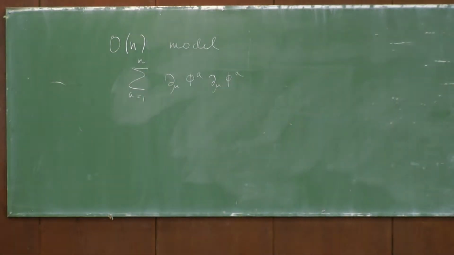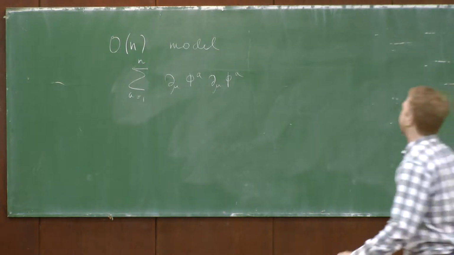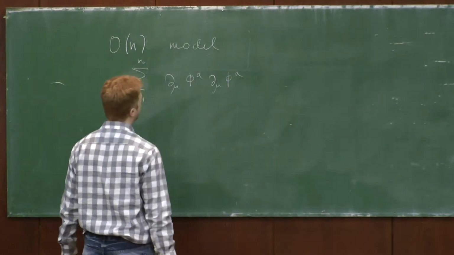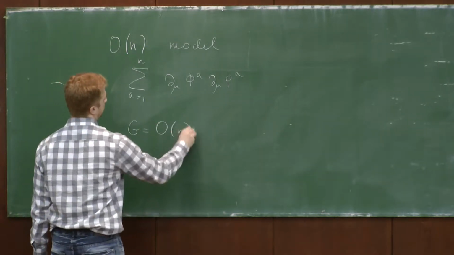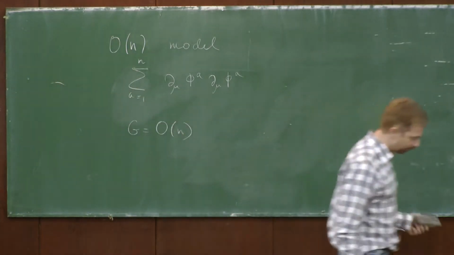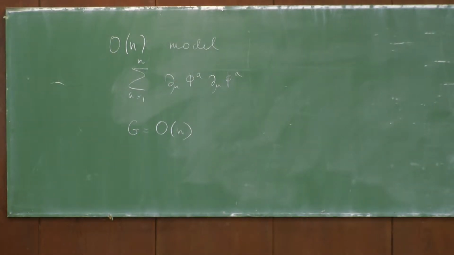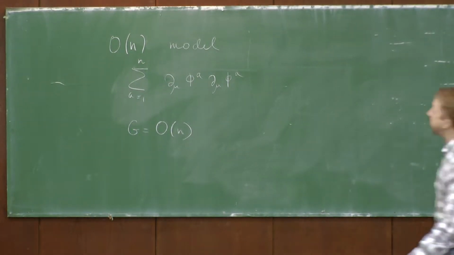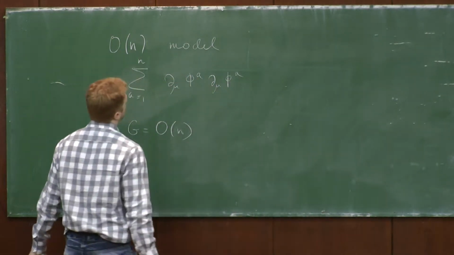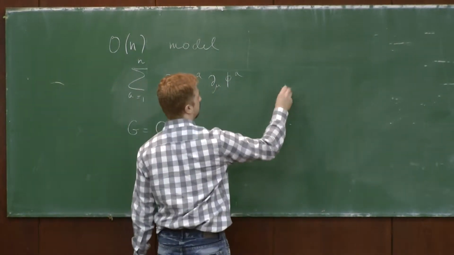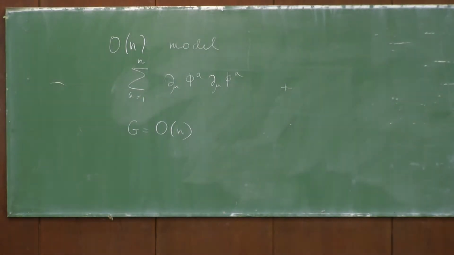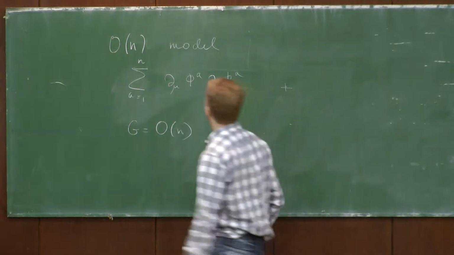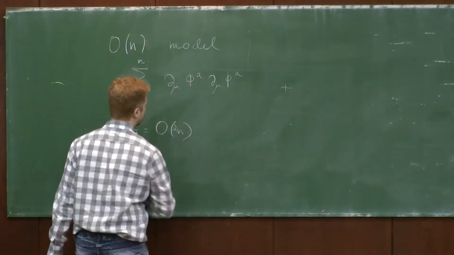There is no continuous symmetry. So you need at least 2. So the global symmetry would be O(N). Let me start with O(2n) for simplicity.